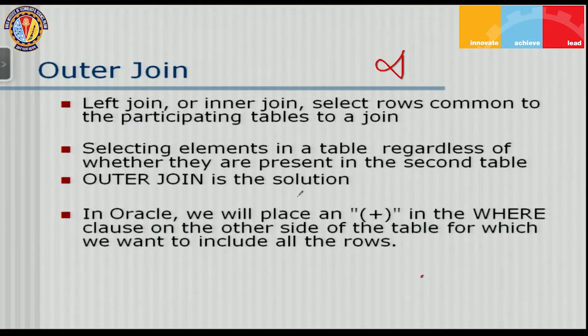So the solution is outer join. This is Oracle specific syntax, but it may be different in a different RDBMS. We'll place a plus sign in the where clause on the other side of the table for which we want to include all the rows. So here we wanted to put it along the customer side, so I'll put a plus on customer.